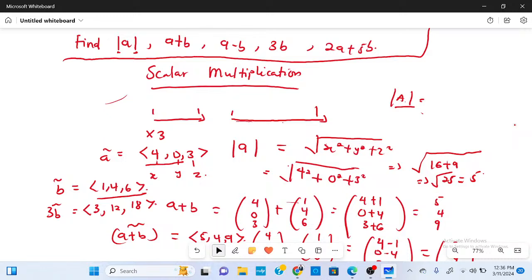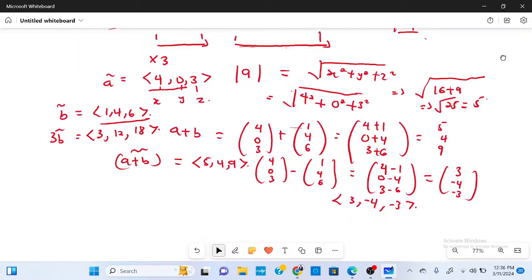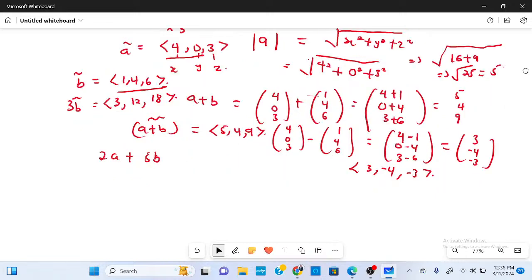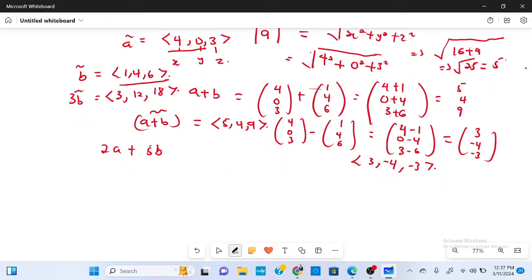Then finally, we have 2A plus 5B. So let's see. At this point, I'll have 2, then you substitute the value of A, which is <4, 0, 3>, plus 5, open brackets, you substitute the values of B, which is <1, 4, 6>, right?